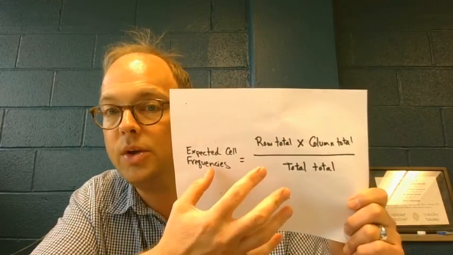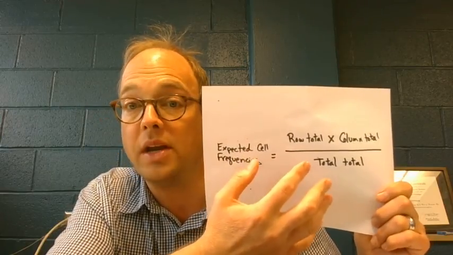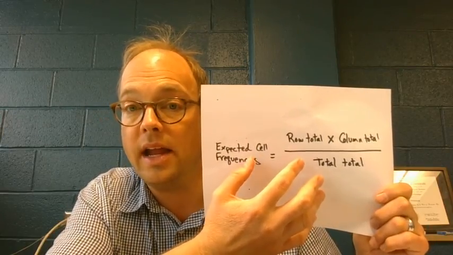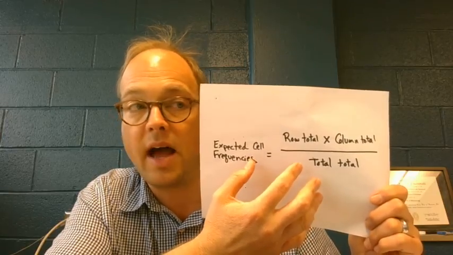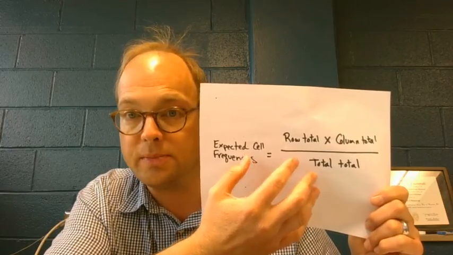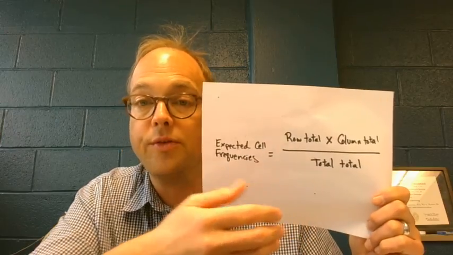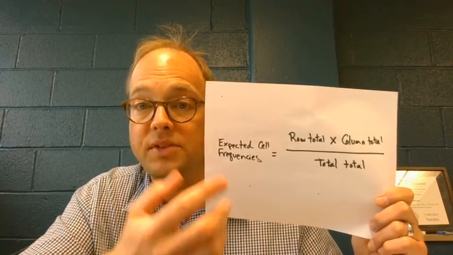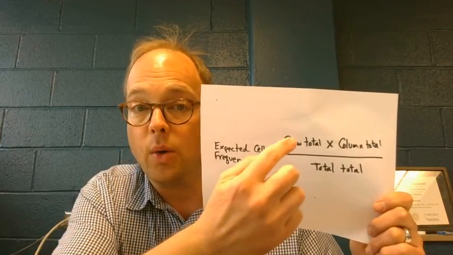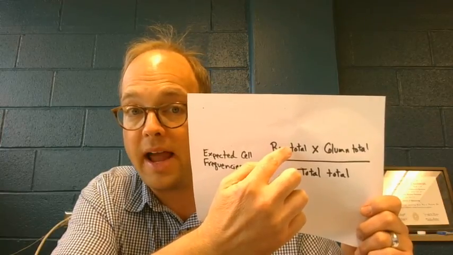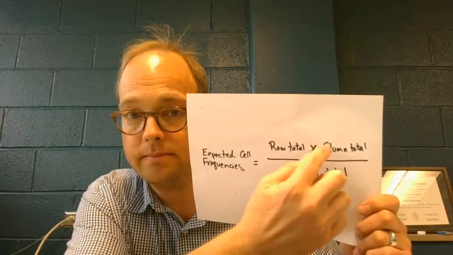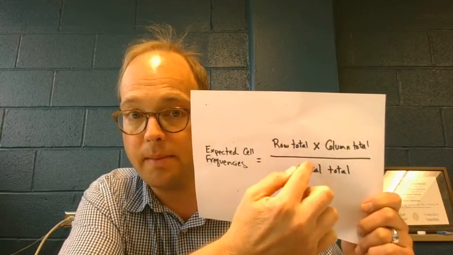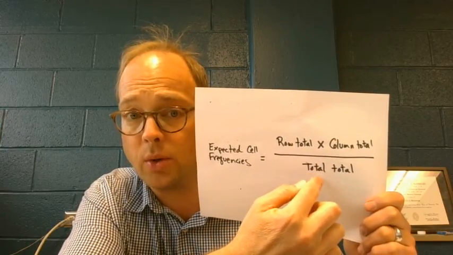In other words, you need to do this for each cell in your contingency table in order to calculate the expected cell frequency. So for each cell, take that cell's row total, multiply it by that cell's column total, then divide that product by the total.